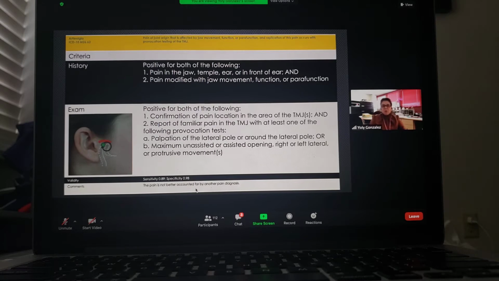Going around the pole adds to the exam and increases our ability to identify the true positive. One reason is that now the palpation is 1 kilo around the pole, which is a more intense stimulation to the joint. So I think that allows us to improve our certainty about identifying that it is joint pain.